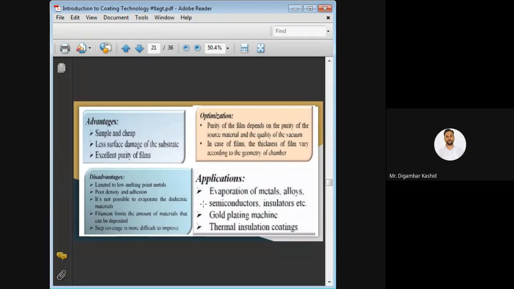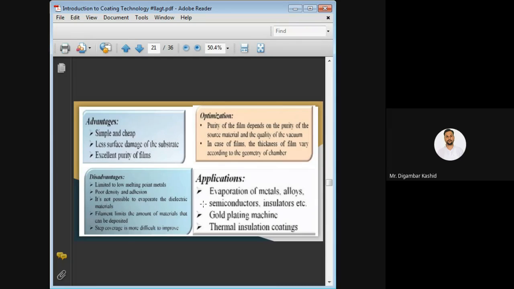And there is less surface damage to your substrate, and we get excellent purity of the films. Because there is some direct method and some indirect method also, anyhow we are not going to harm our target material, that is the substrate.